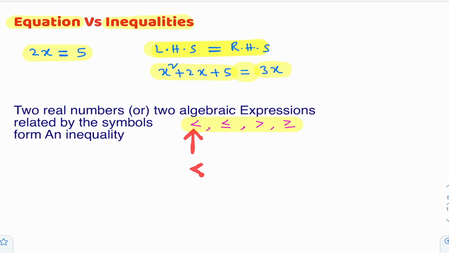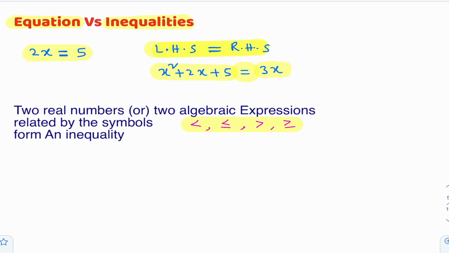This symbol we call less than or equal to; see here, the equal line is there. This symbol is greater than. This symbol is greater than or equal to. Two real numbers or two algebraic expressions related with these symbols form an inequality.